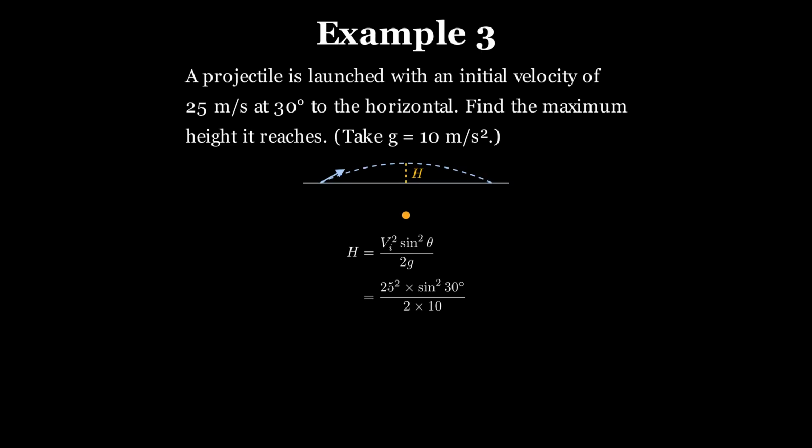Substitute in the numbers, 25 squared, sin² 30 degrees, over 2 times 10. Evaluate, 25 squared is 625, and sin² 30 degrees is 0.2500. The denominator is 20. Multiply the numerator, 625 times 0.2500 is 156.25. Divide by 20, the maximum height is 7.81 meters.